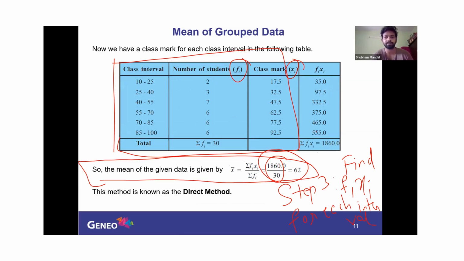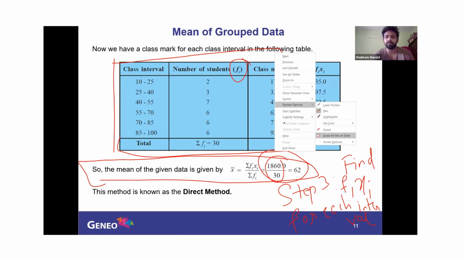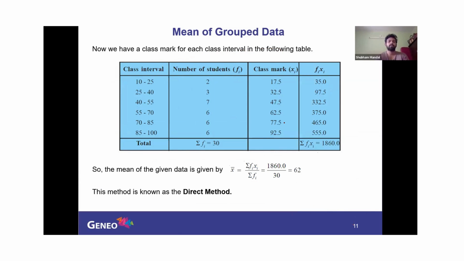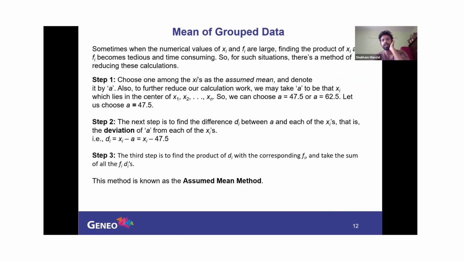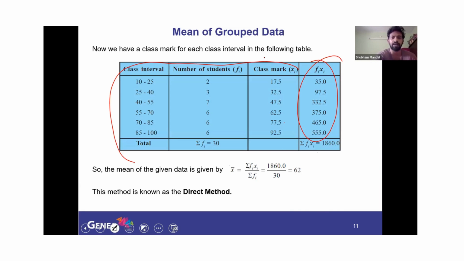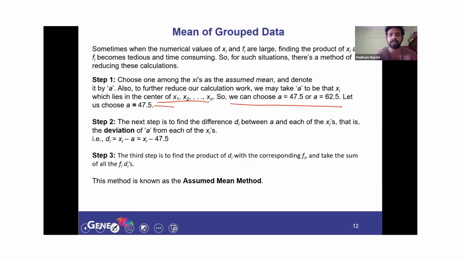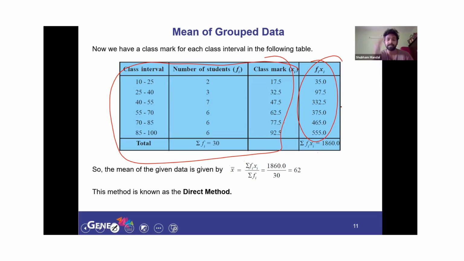So guys, any more doubts? Now, this was the direct method. Instead of doing sigma fi xi, you can come to the assumed mean method, where after finding the class mark, you find the center of the class marks. Center means the center value of the class marks. If you have an even number of class marks, you will have two centers.